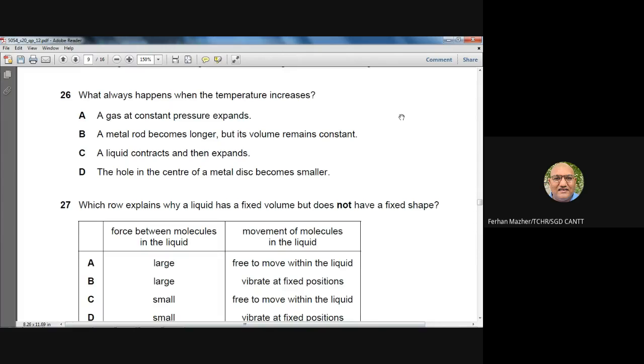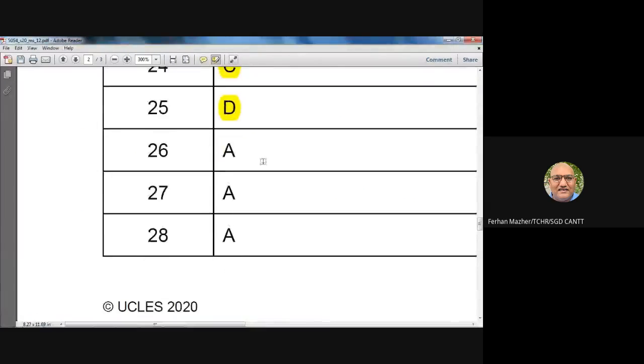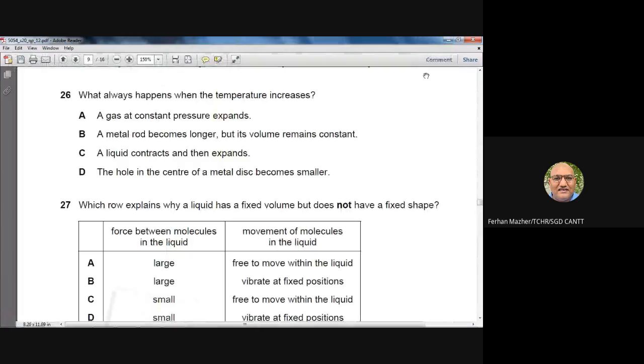So when you increase the temperature, the volume of the gas will increase. A gas at constant pressure expands. Yes, that's true. So A looks the right answer. Question number 26, A is the best answer. The other options will confuse you.